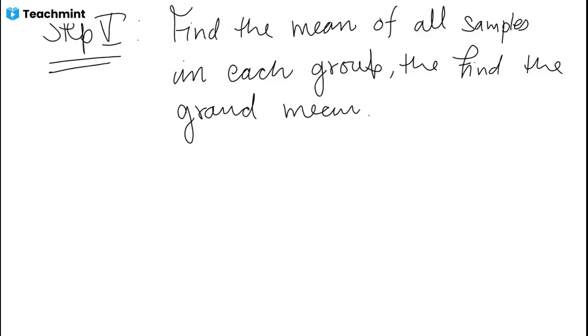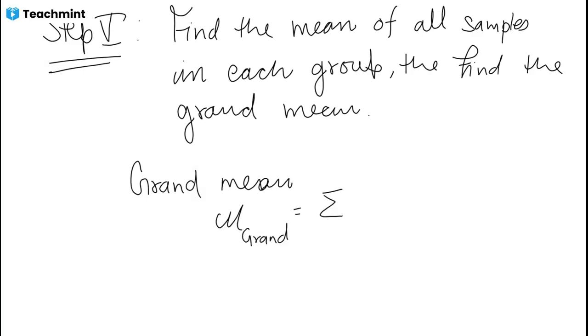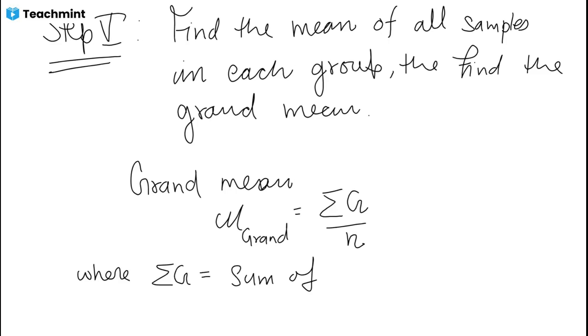So grand mean mu grand is equal to summation G over n, where summation G is the sum of all sample values and n is the number of samples.